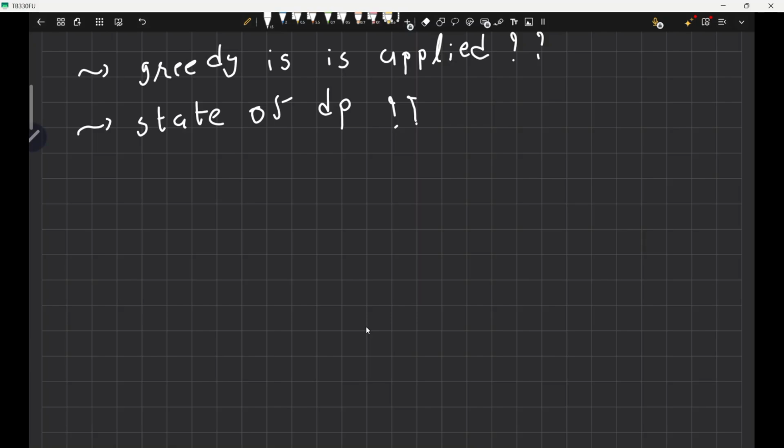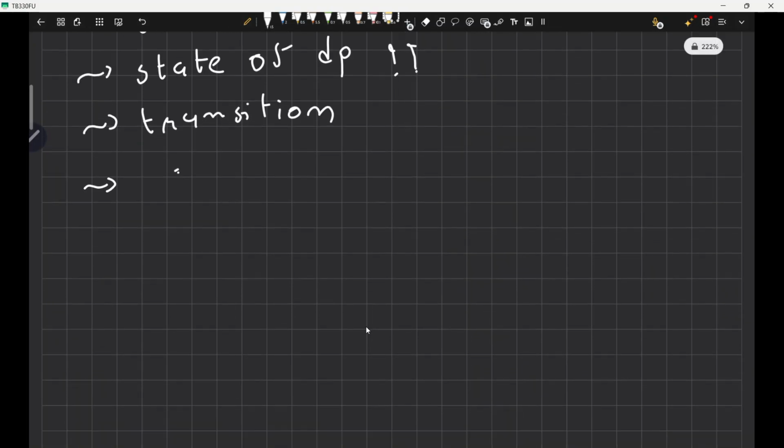So let's say you want to count the min cost to come till this one, and then from the previous things you need the data which is the minimum cost to reach that previous state, something like that, right? And then you make the transition. So after this you can try to make the recursion DP, which is slightly easier.